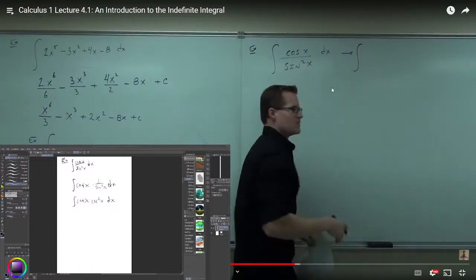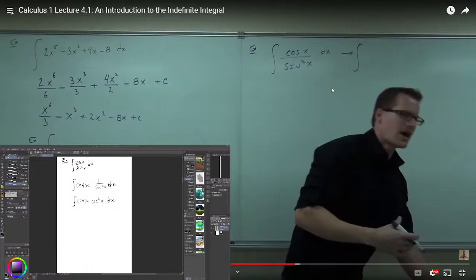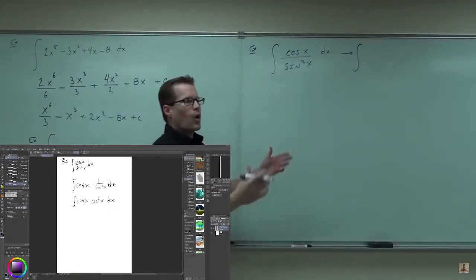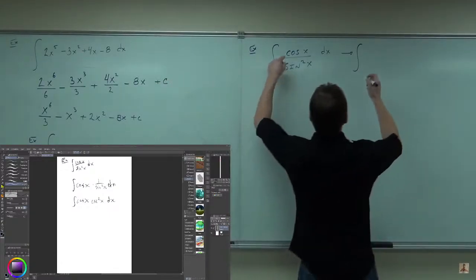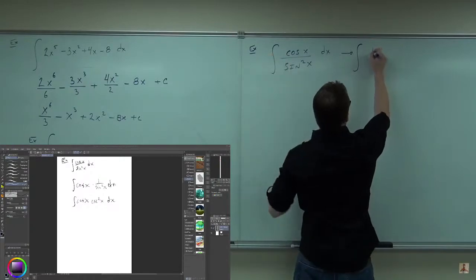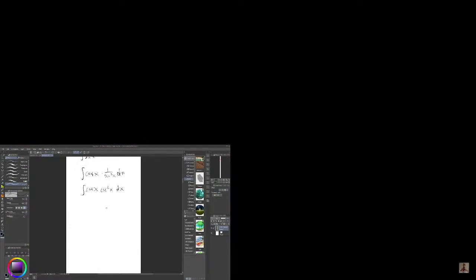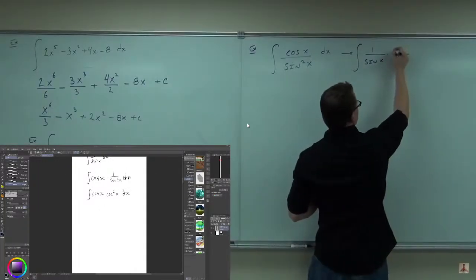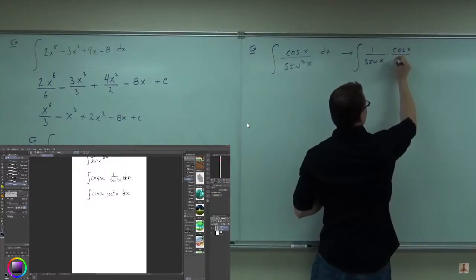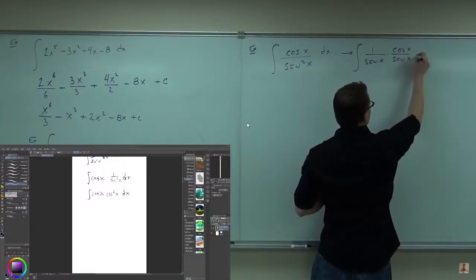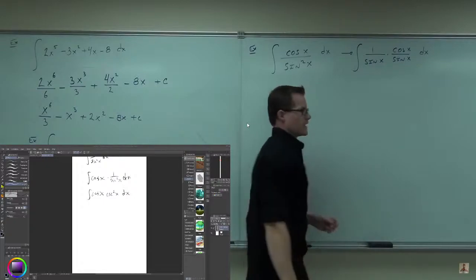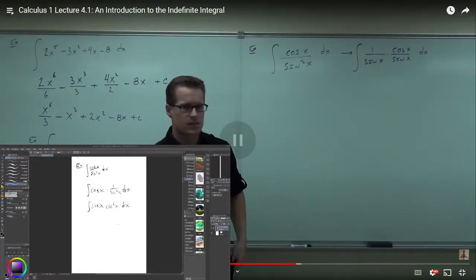So for instance, let me give you a method on how to do some of these. One method would be, okay, let's say I split this up as 1 over sine x times cosine x over sine x.